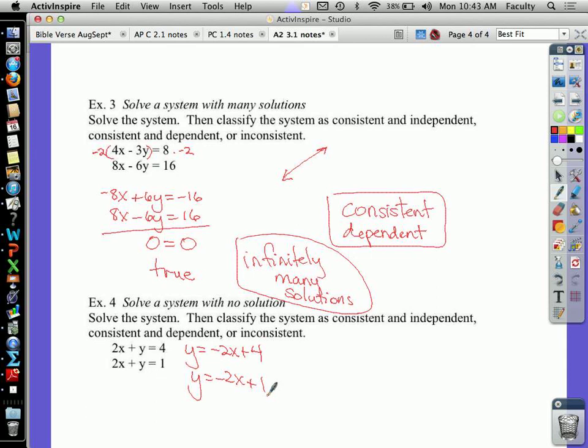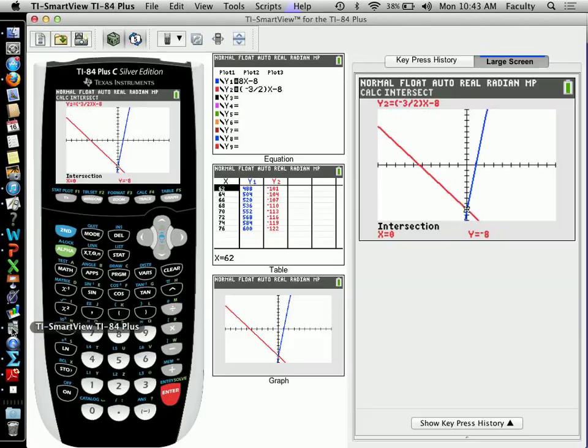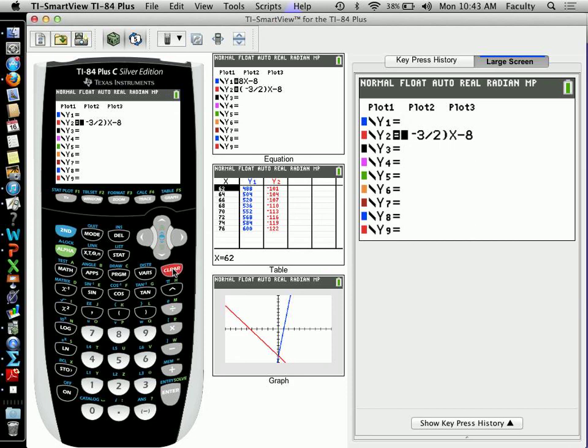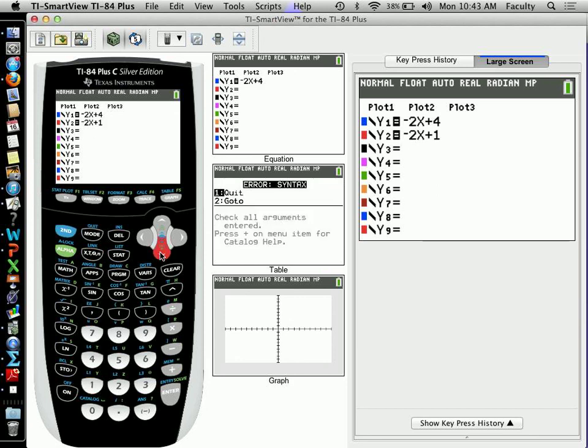So let's go to our y screen and enter these in y1 and y2. So I get negative 2x plus 4, negative 2x plus 1. Remember to use the negative symbol and not the subtract. If you get an error, you probably used the subtract sign incorrectly.